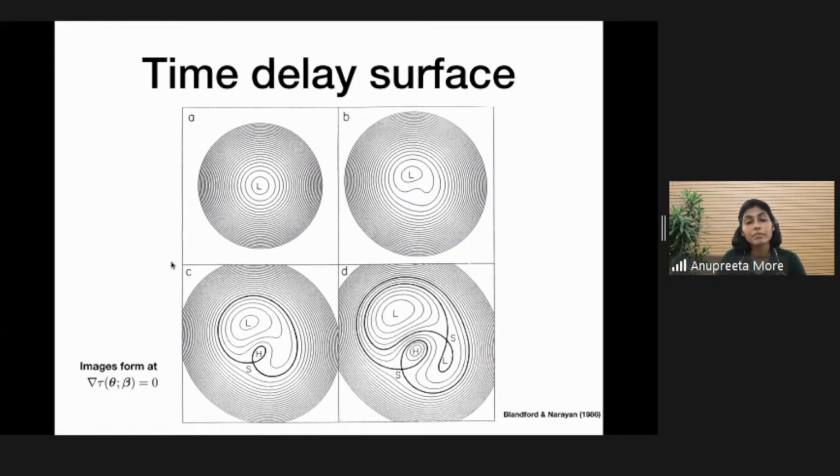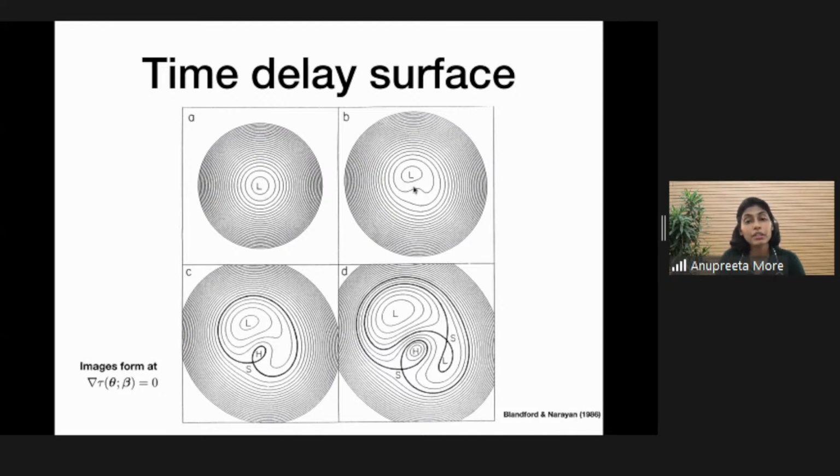Another interesting thing to note is if you look at these arrival time surfaces, so let's say we are looking at this source here in the absence of a lens. Here L stands for low, which means the minimum. If you look at this arrival time surface, which we can get from the Fermat potential, in the absence of the lens, what we are seeing is the image that is seen directly.